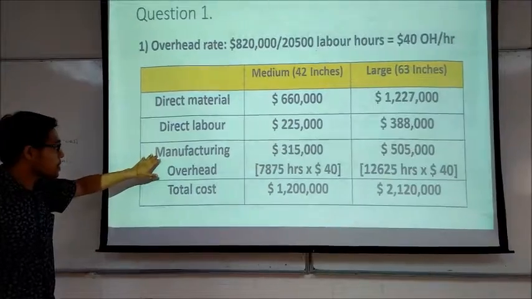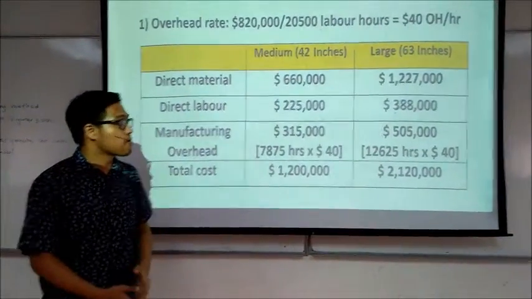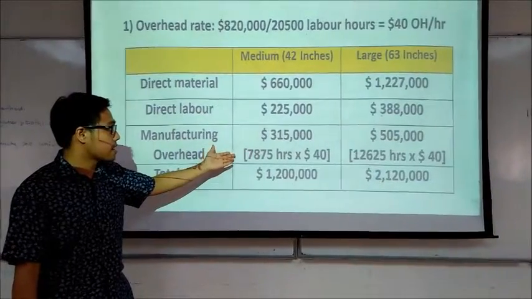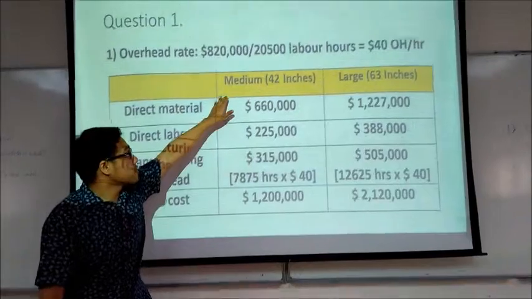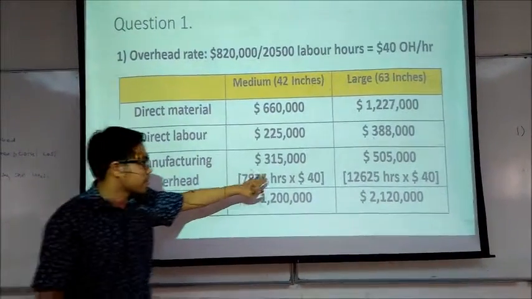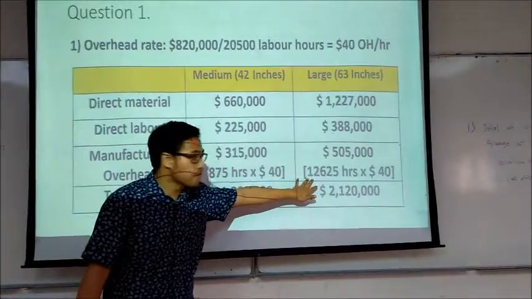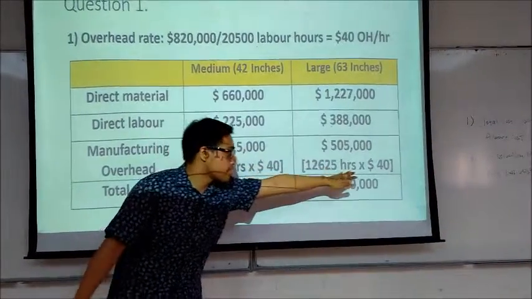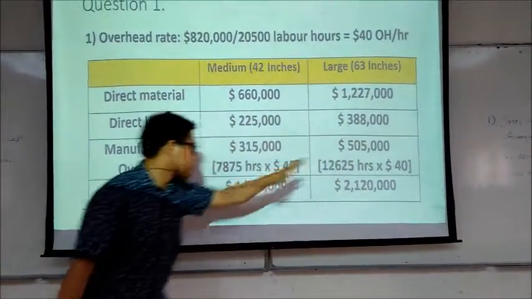For manufacturing overhead, we use the $40 overhead we received just now and calculate it with the hours used for producing medium television. This is the figure we get, and this is the hours for the large TV, with the same $40, and upon calculation we receive this amount.